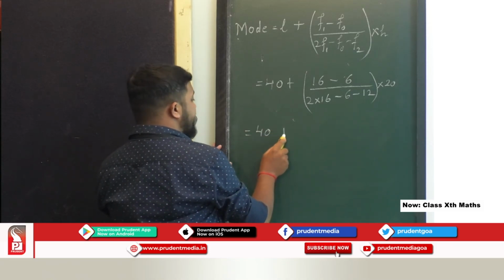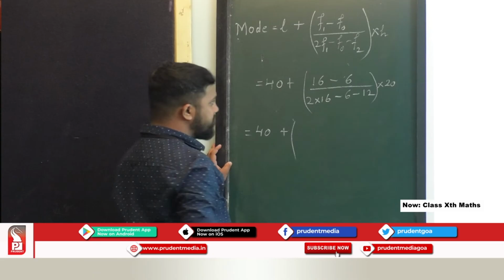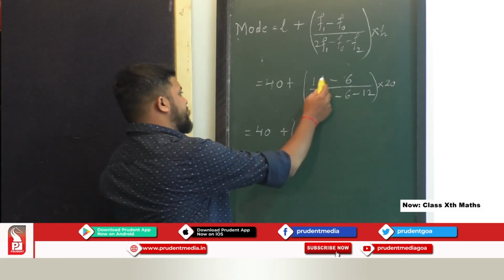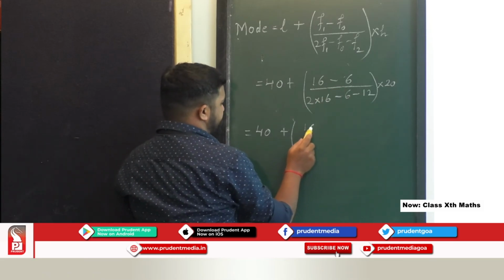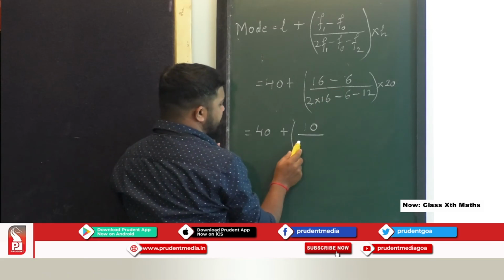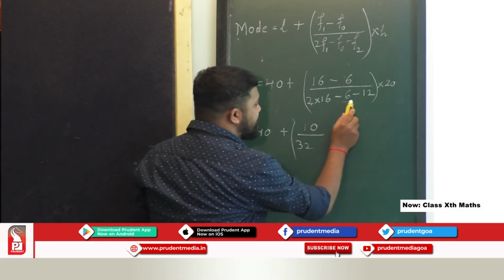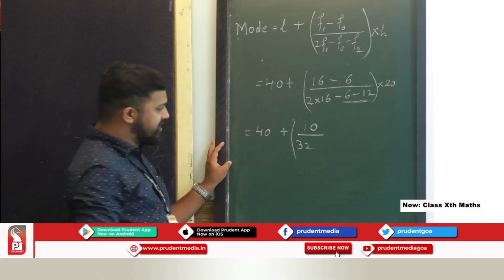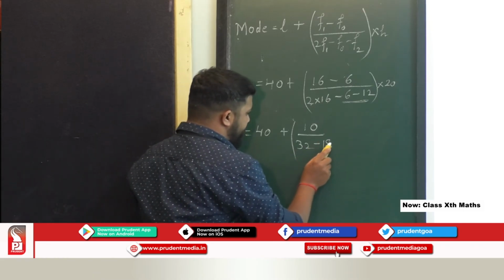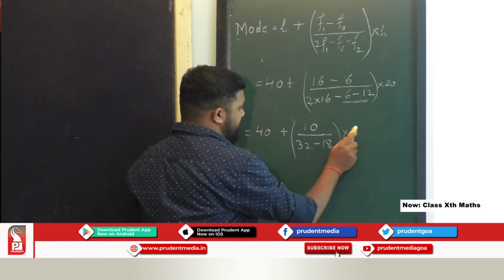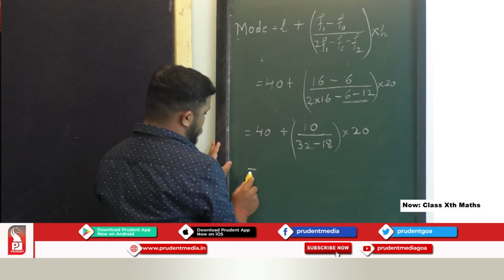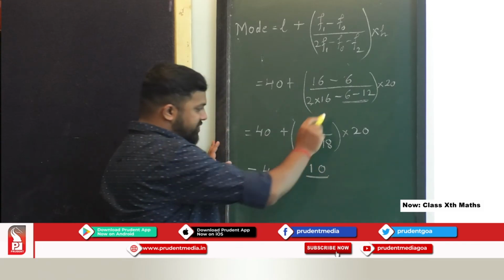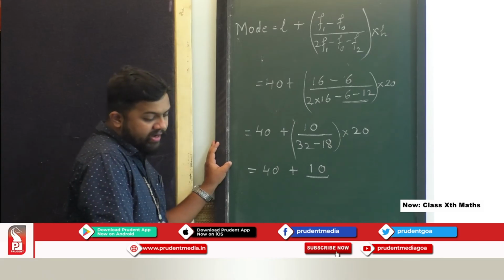40 plus, let's subtract the numbers, 16 minus 6, 10, over 2 16s are 32, then I add these two numbers first, minus 6 minus 12. So minus 6 minus 12 is minus 18, height 20. 40 plus 10, subtract this number now, that is 32 minus 18.